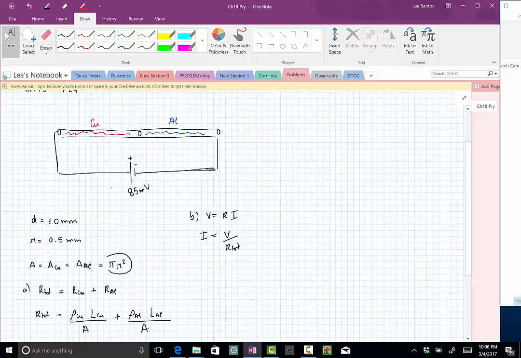So let's think a little bit about this. At this point here, we have high potential, and this potential goes on decreasing throughout until I reach this other point where the potential is smaller. This is the potential difference established by the battery. Once I connect these two sides with the wire, I will get a current, and throughout this wire, this potential goes on decreasing until I reach the minimum side.